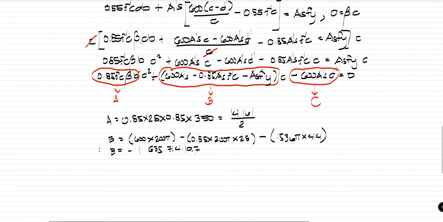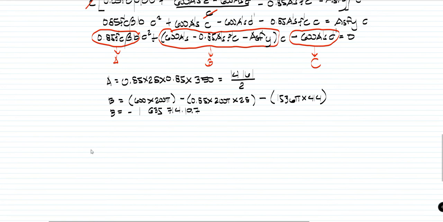And the big letter C will be equal to negative 600 times the A prime S, which is 200 pi, multiplied by D prime, which is 72 mm. So that will be equivalent to negative 27,143,360.53. So those are our three coefficients.